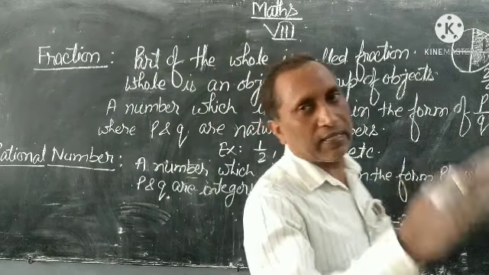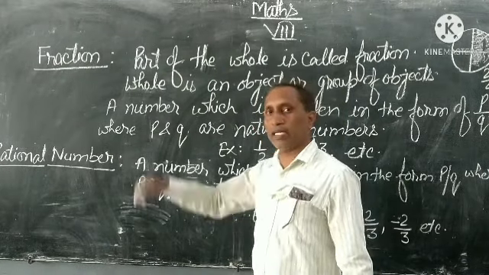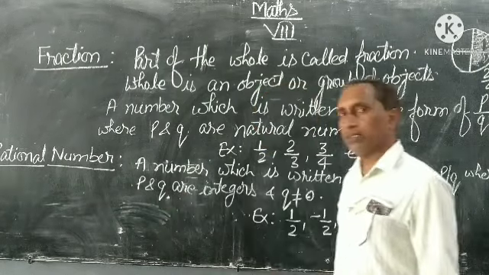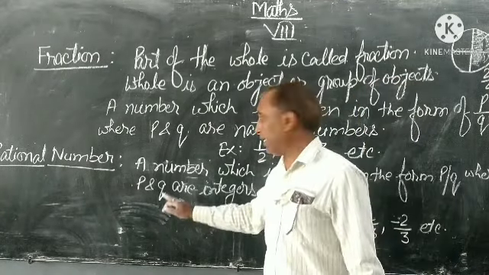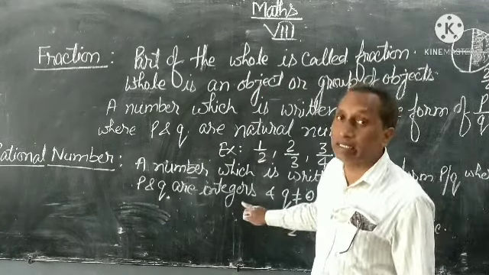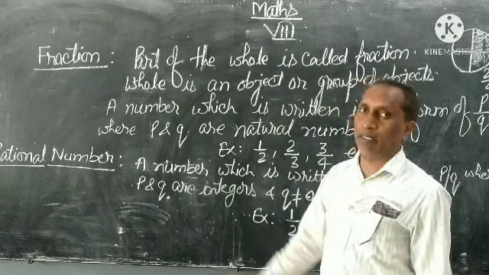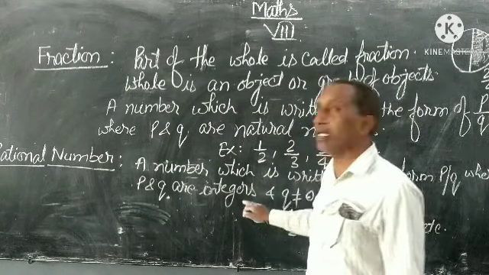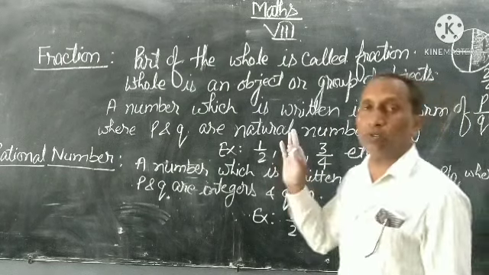there is a difference between fraction and rational number. A rational number is a number which is written in the form of p by q, where p and q are integers. Here in fractions p and q are natural numbers, but here p and q are integers, where q is not equal to 0.